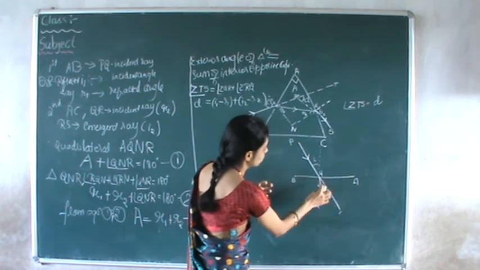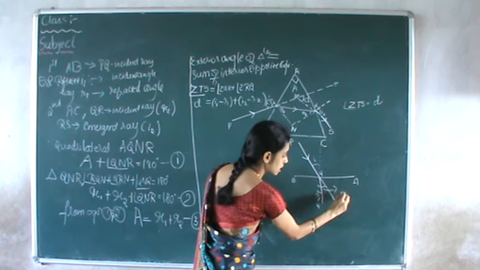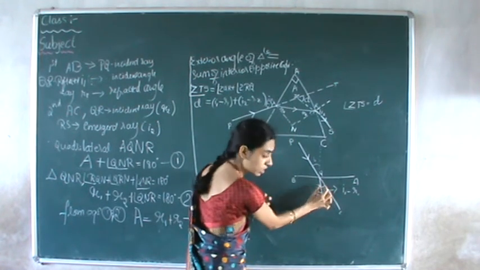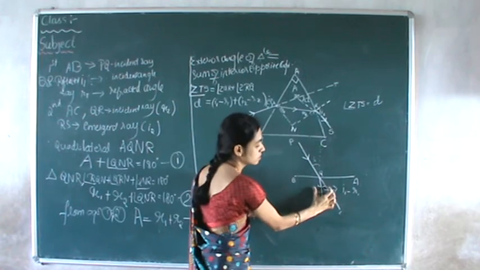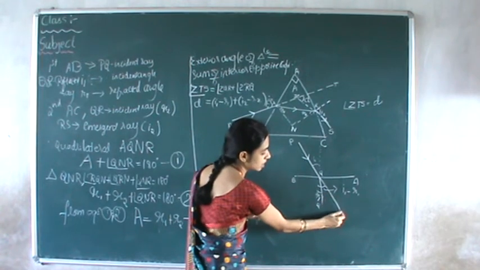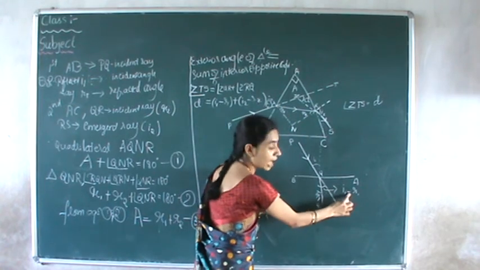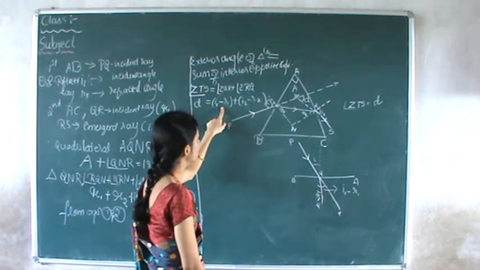Remaining angle ZQR is nothing but what? I1 minus R1. This value is I1, small value R1. So this portion, that is angle ZQR, is I1 minus R1.